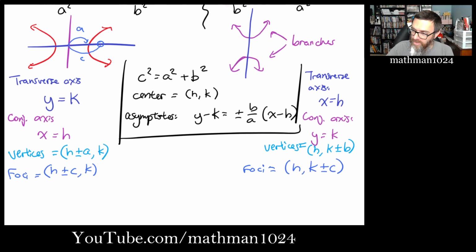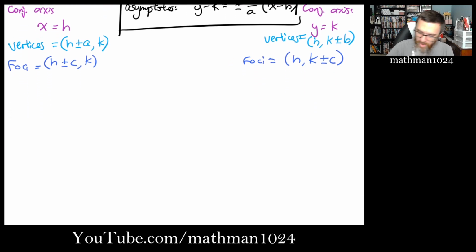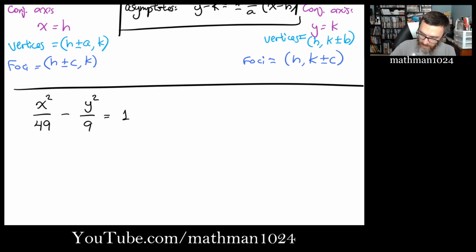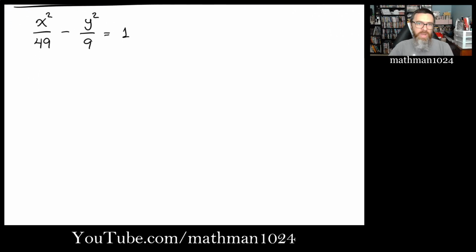And let's take a quick look at an example so we can see how all of this fits. So starting with x squared over 49 minus y squared over 9 equals 1. Now we know from this that we do have a hyperbola. The reason we know this is because you have these two fractions like we keep seeing, but one is positive and one is negative.